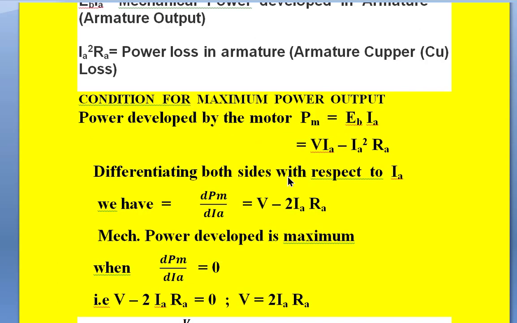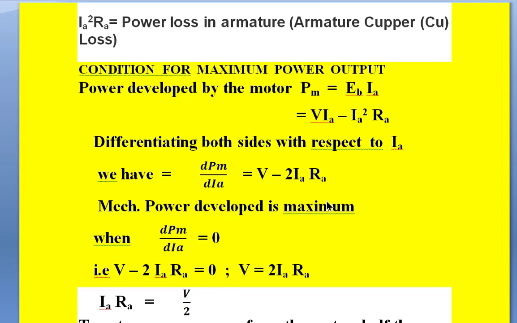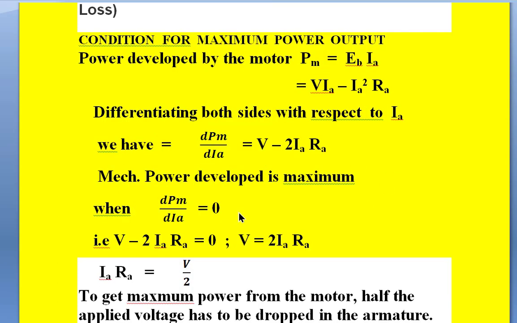From that we get the condition for maximum power, that is, dPm divided by dIa is equal to V minus 2 Ia RA. At maximum mechanical power developed, this differentiation, or slope, becomes equal to 0.